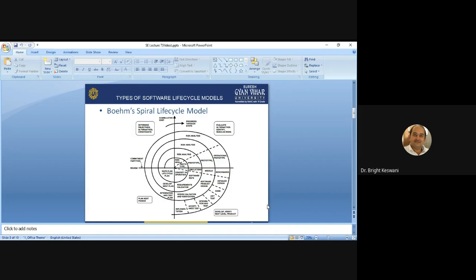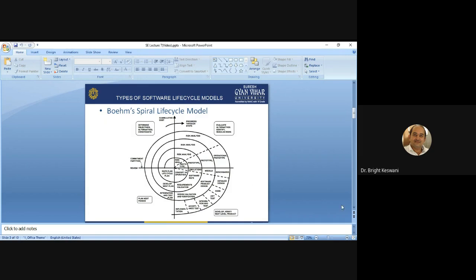What are the limitations? The limitation of the spiral life cycle model is that the life cycle steps need further elaboration to ensure that participants in software development have a common understanding. If they do not have the common understanding, then the model will not provide the desired results.